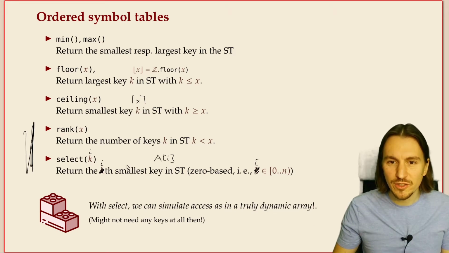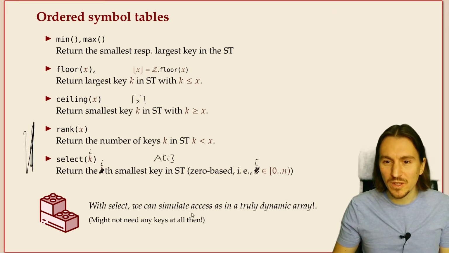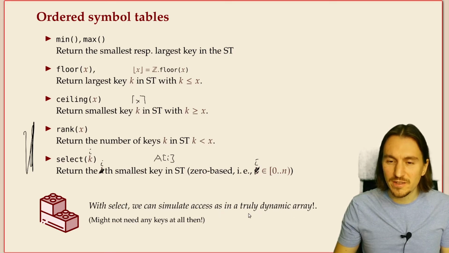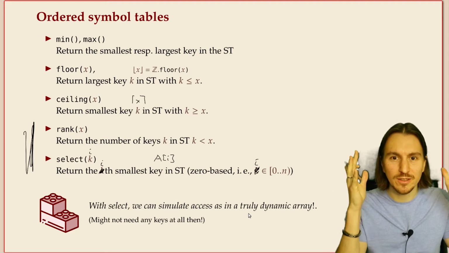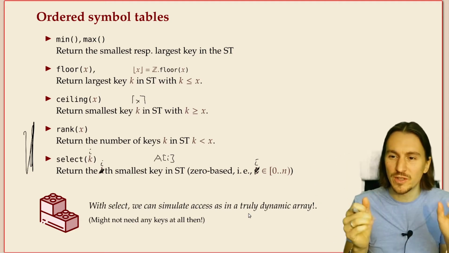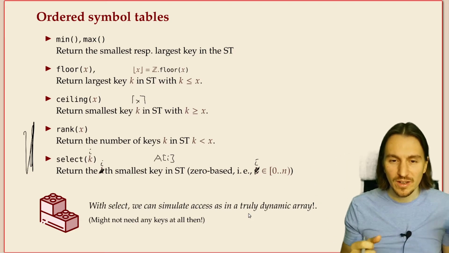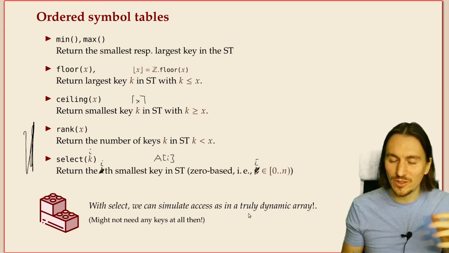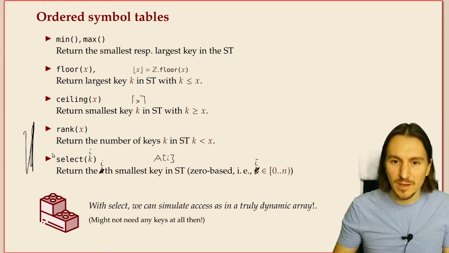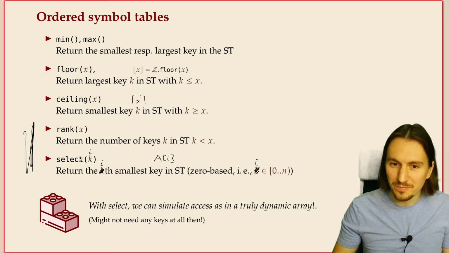And that means you can use ordered symbol tables to create dynamic arrays, in the sense that you can insert arbitrarily at any position. You can add new elements, and you can still access the middle. You can do binary search. You can do all these things using calls to select.